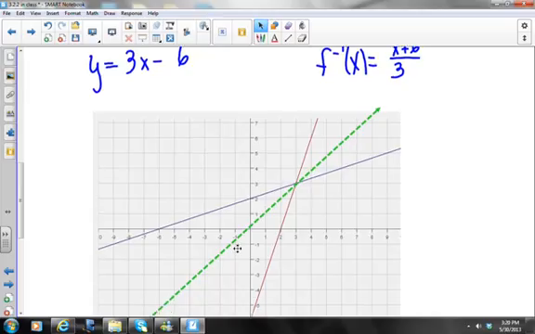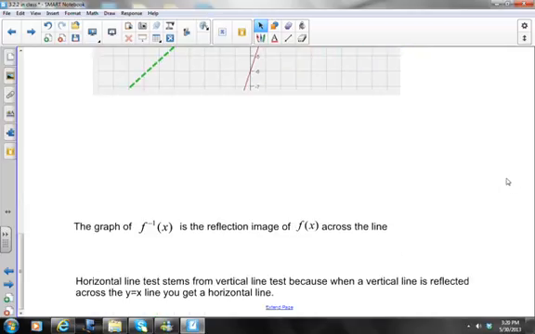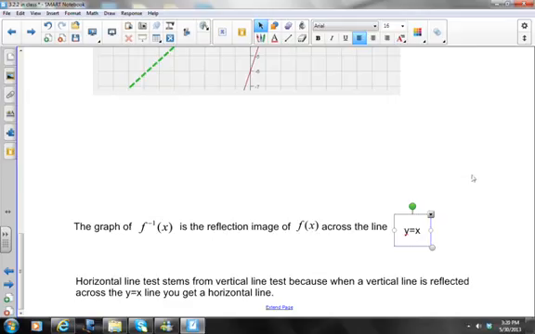And what we see is that those two functions are actually symmetric about the line y equals x. Because of that, we have these two conditions, that one, the graph of f inverse is simply the reflection image of f of x across the line. In this case, of course, that should be y equals x.